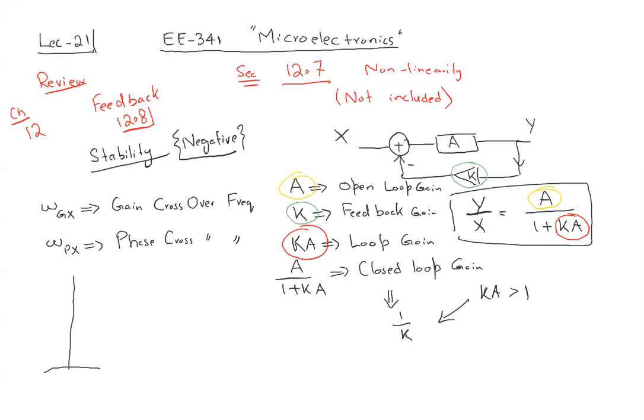If we have any system and we have a magnitude, let's say the magnitude of the loop gain, here this is the loop gain KA. I'm drawing the magnitude response using a Bode plot of KA, and it is something like this. The frequency at which this touches 0 dB or unity gain.